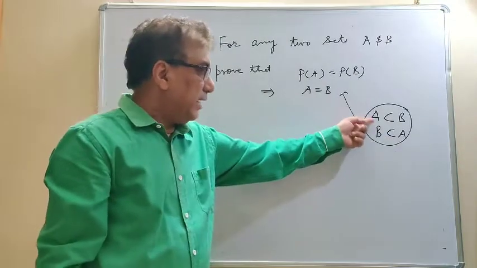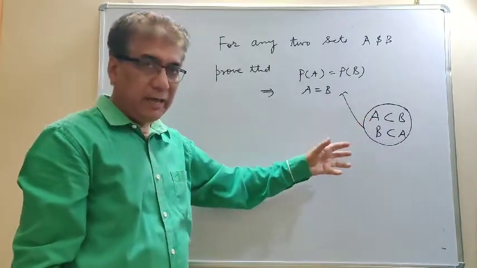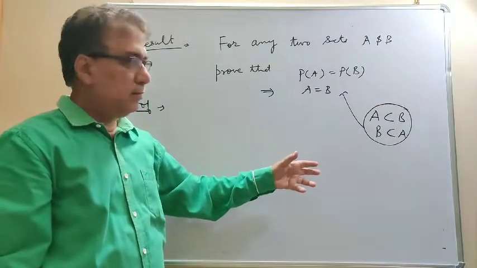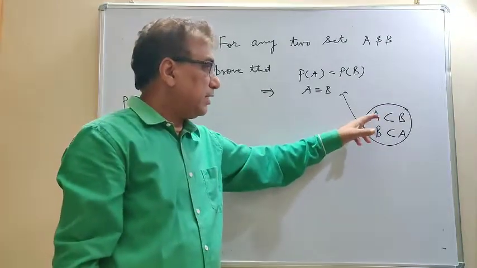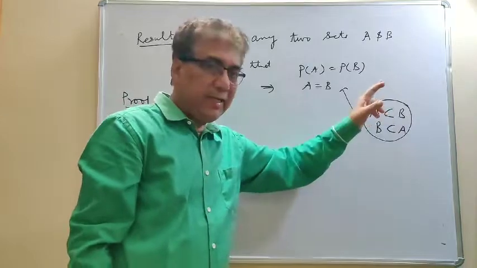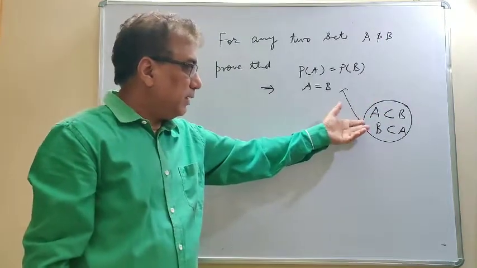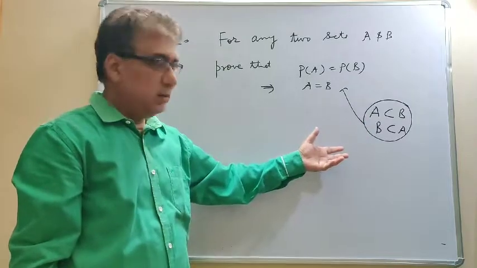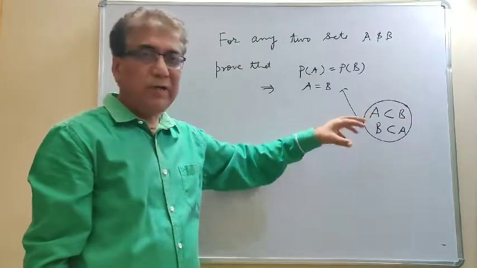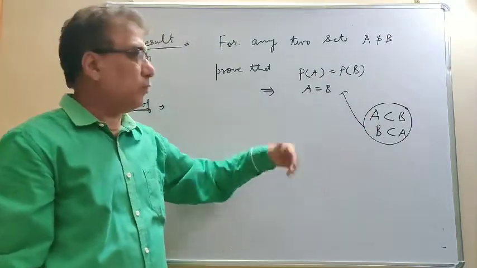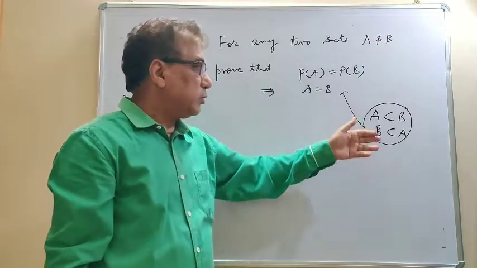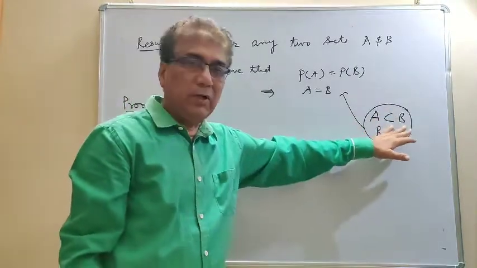We'll arbitrarily choose an element of A, and then show that that element also belongs to B. Since the element has been chosen randomly, whatever is true for that particular element is true for all the elements. So it will show that all the elements of A belong to B.